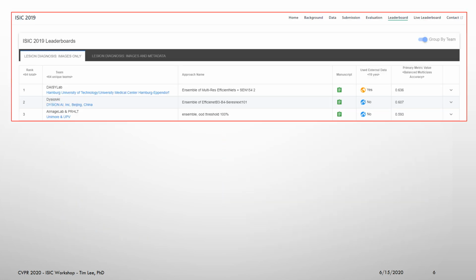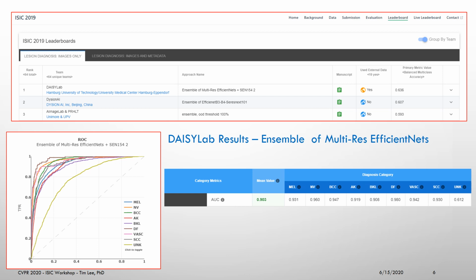This is a very difficult classification problem, but the top leaders achieve a good balanced multi-class accuracy. When you check out the details of the top leader, you will see much more impressive results. All areas under the ROC curve were way above 0.9, except for the unknown class.